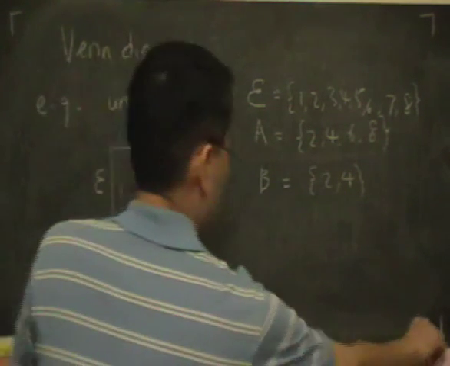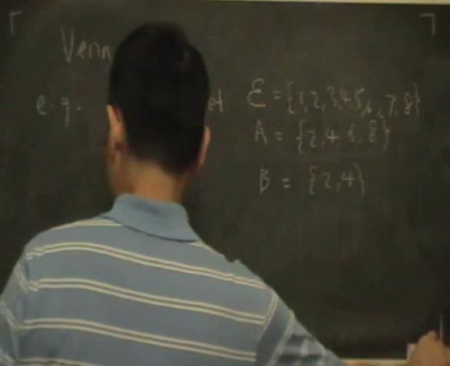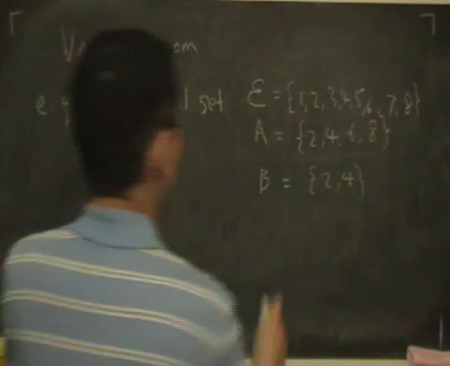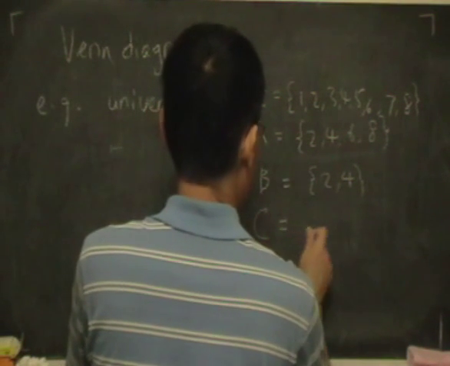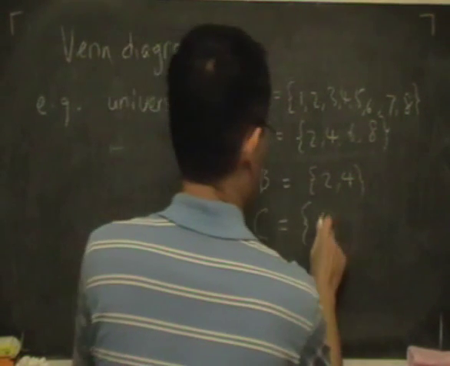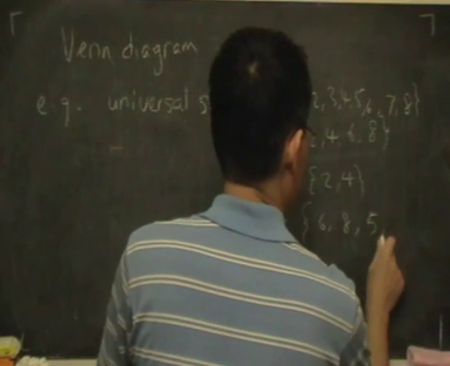Let me clear this now. I'm going to make up another set C, which contains the elements 6, 8, 5 and 7.